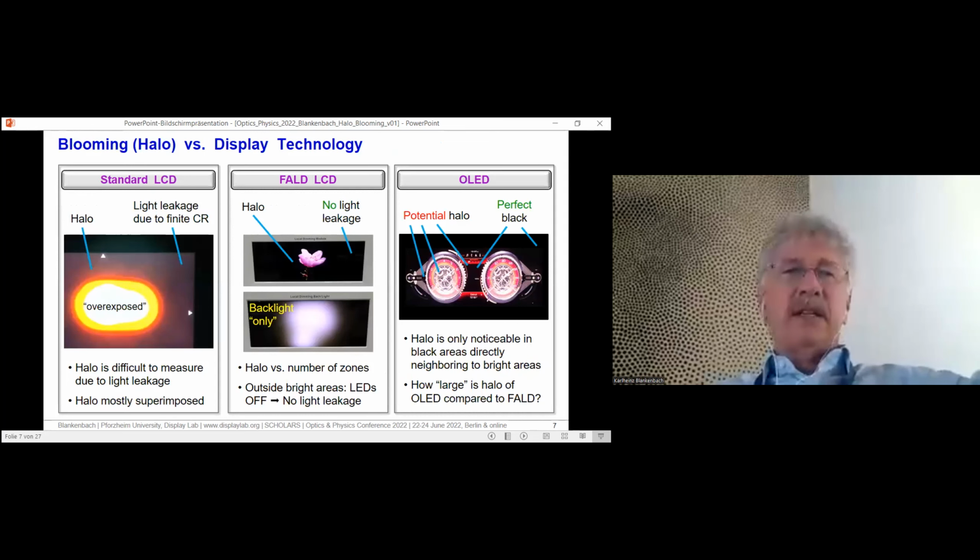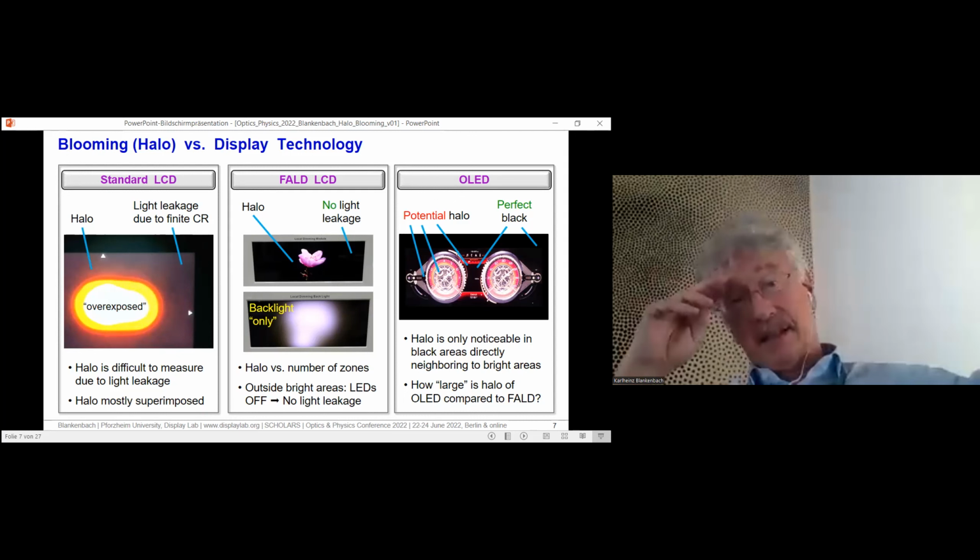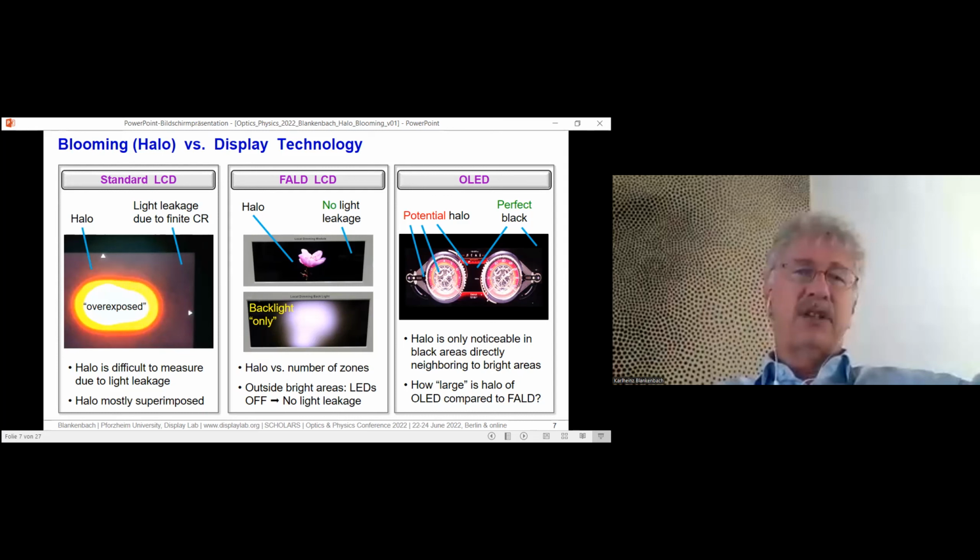Here we see the comparison of the impact of blooming or halo for a standard LCD on the left, a local dimming LCD in the center, and an OLED display on the right. The drawback of a standard LCD is that you have light leakage due to the limited contrast ratio.